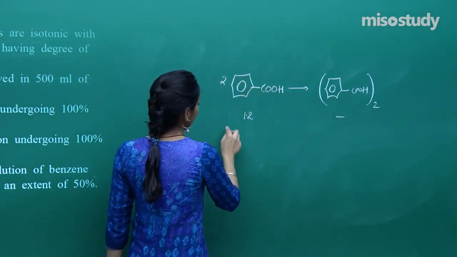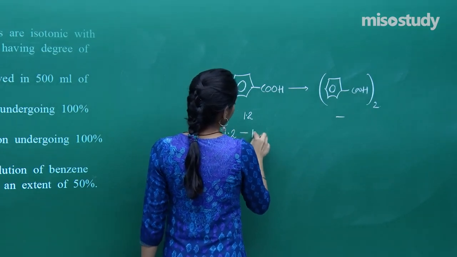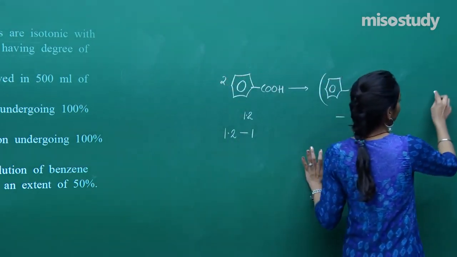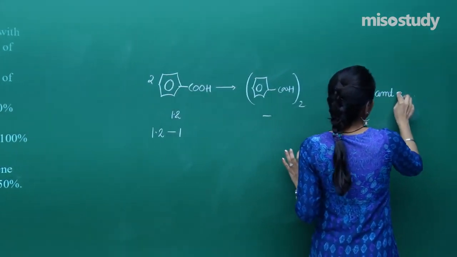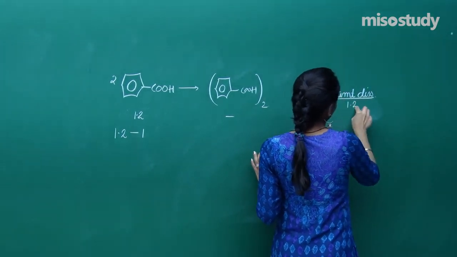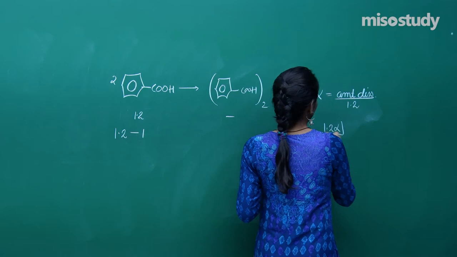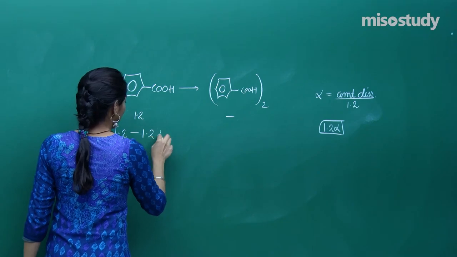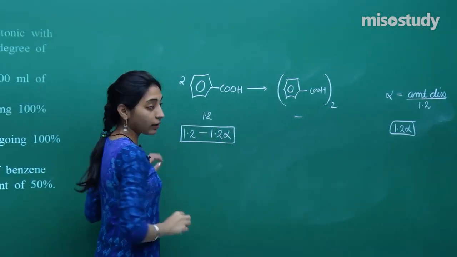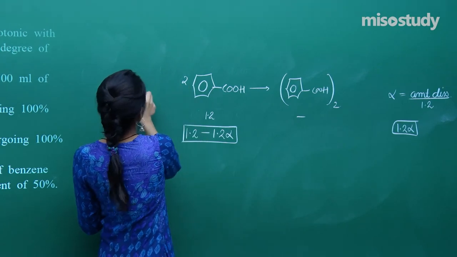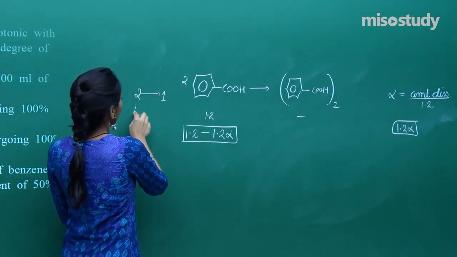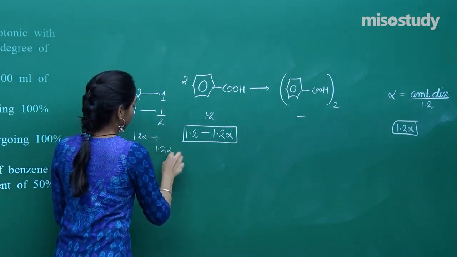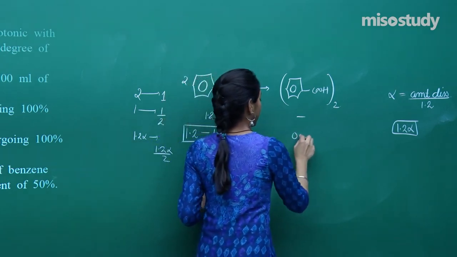Let's say the degree of dissociation is alpha, so alpha is the amount dissociated divided by the total amount taken. So 1.2 alpha is the amount dissociated, and the left out will be 1.2 minus 1.2 alpha. Clear? And how much will be formed? 2 benzoic acid will form 1 molecule, so 1 will form 1 by 2 molecule. So 1.2 alpha will form 1.2 alpha divided by 2, that means 0.6 alpha.